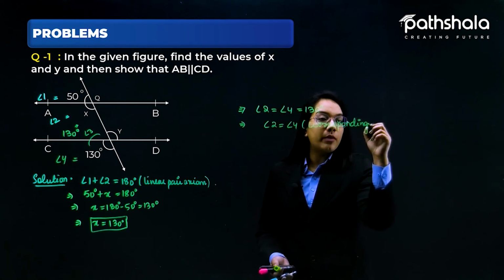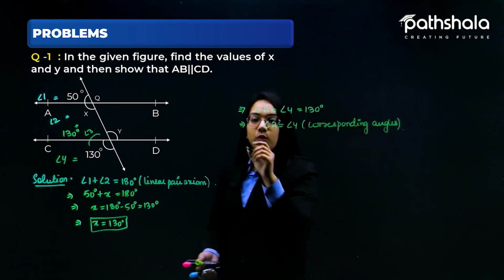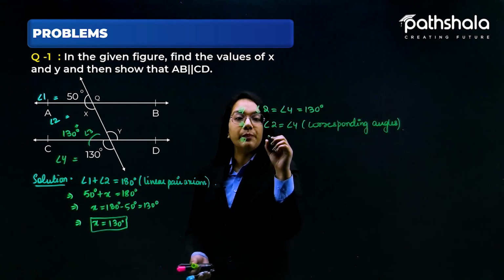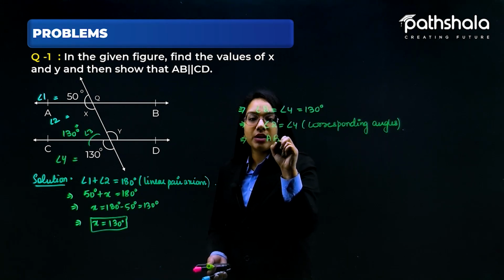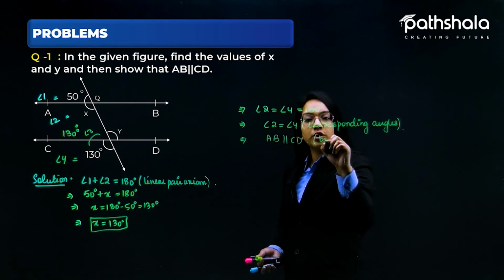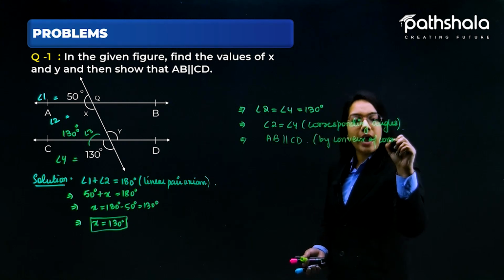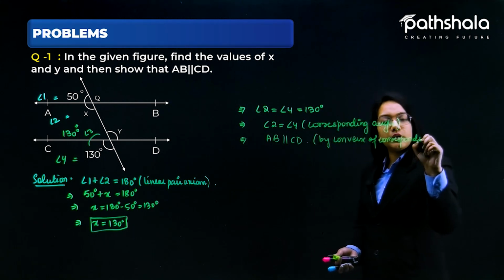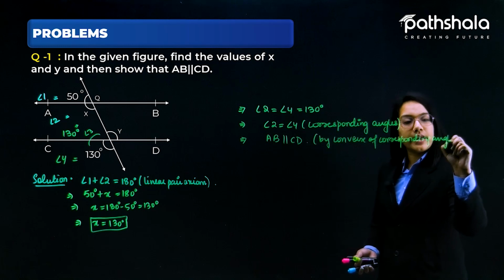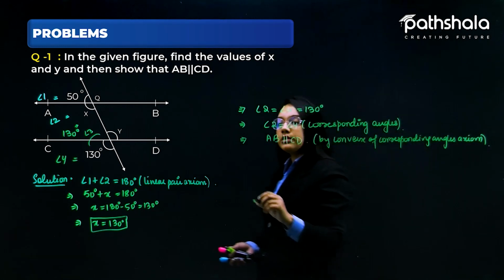If the corresponding angles are equal to each other, it implies that AB is parallel to CD by the converse of the corresponding angles axiom.